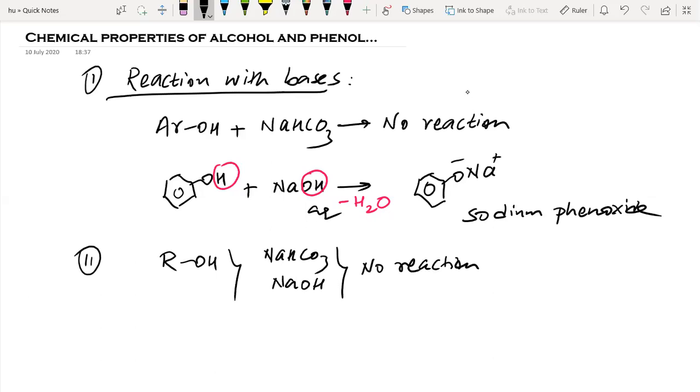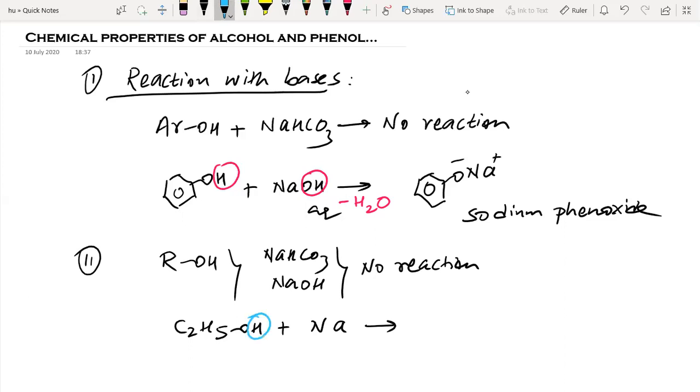But its very weak acidic character is there with alcohol, and we can show that with the reaction with sodium metal. For example, when alcohol is reacted with sodium metal, what product do we get?